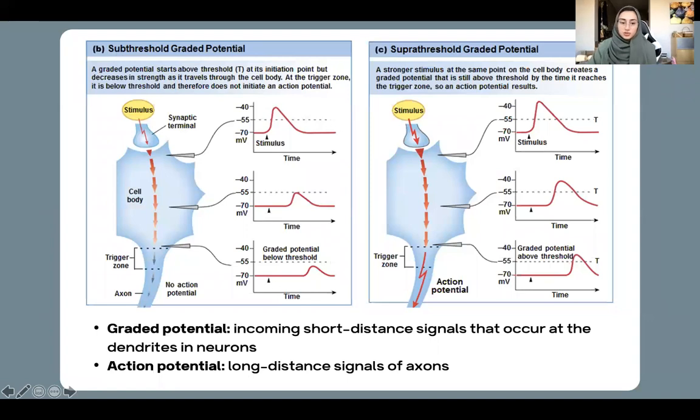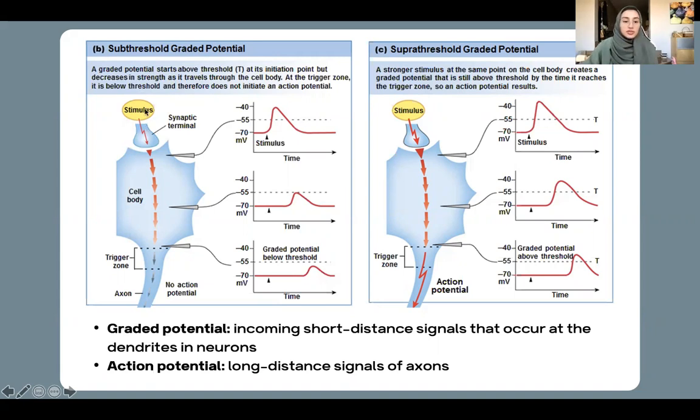So now we have specific graded potentials. Okay, so when we talk about a graded potential, going back to the example that I told you about, if your friend taps you on the shoulder and you don't feel it, that means the stimulus is not strong enough. When we talk about a stimulus being strong enough, you have a tiny bunch of stimuli, right?